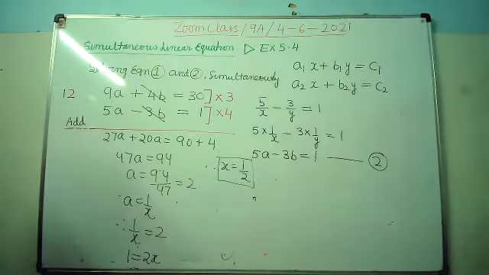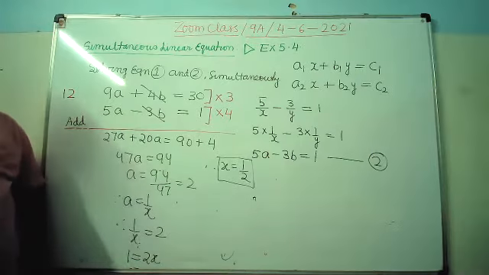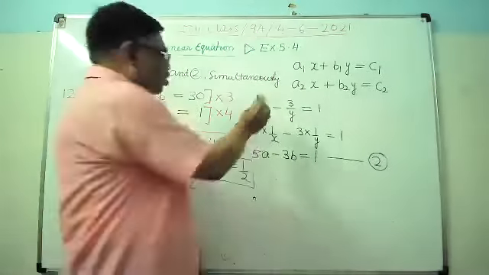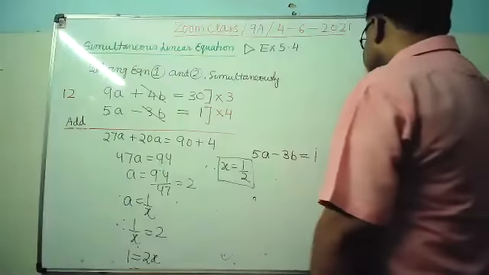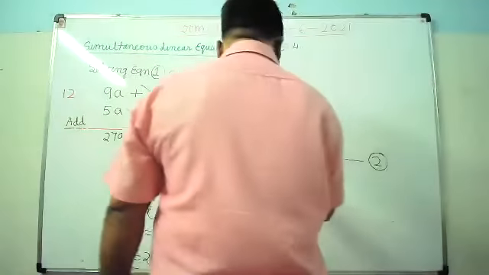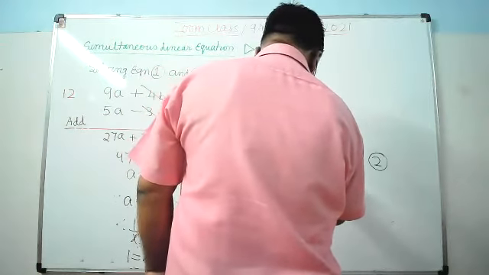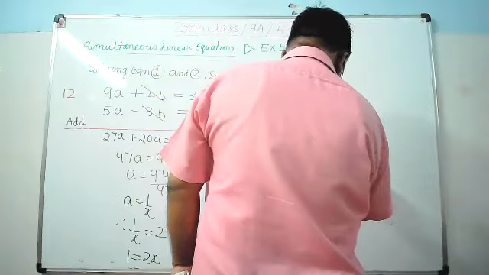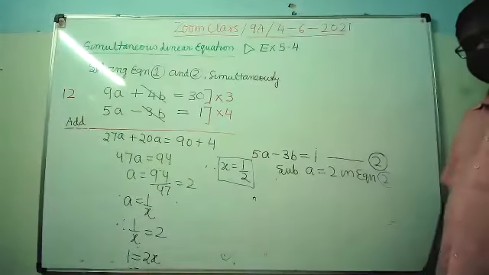Now after this, what will you do? By using a equals 2, you determine the value of b. Is it clear? Substituting a equals 2 in equation 2. Here equation 2 is written.